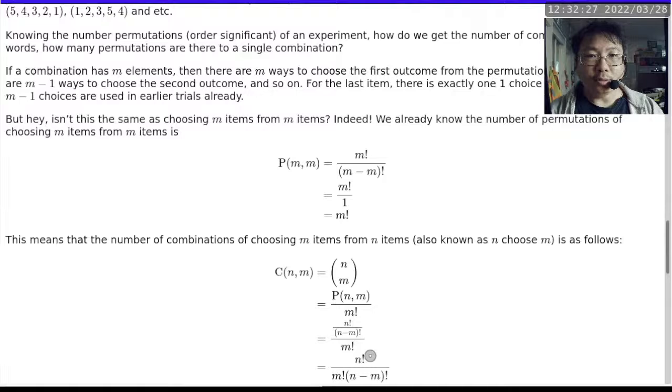And that turns out to be n factorial divided by n minus m factorial, which is P of n, m. But then we also have an extra term of m factorial, because that accounts for the number of permutations when you have m items chosen. All of those are considered duplicates, so we divide the number of permutations by m factorial, and this way we are left with the number of combinations.